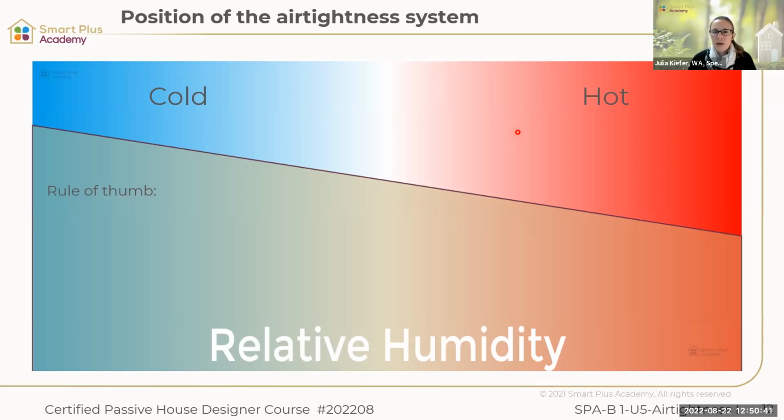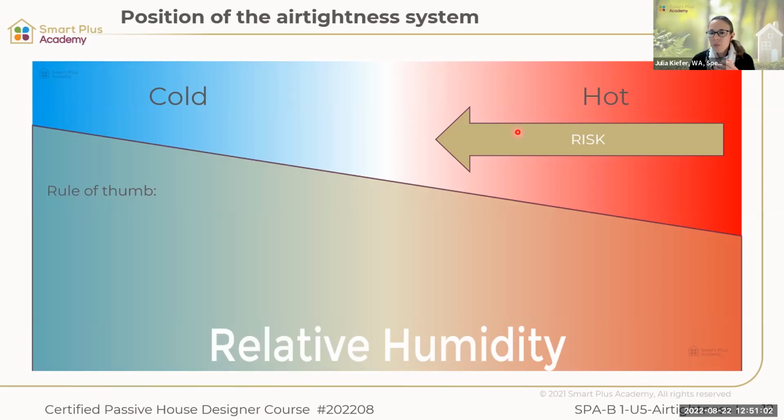And the risk always comes from the hot side, because now we have to go back a little bit into physics. So hot air can hold more moisture. Okay, and once the hot air cools down and it can hold less moisture, we come to a so-called dew point, and then we have condensation.